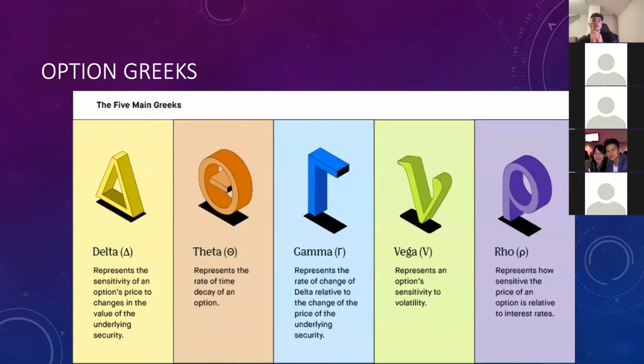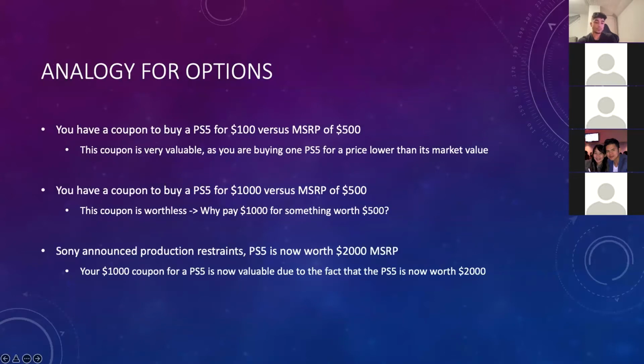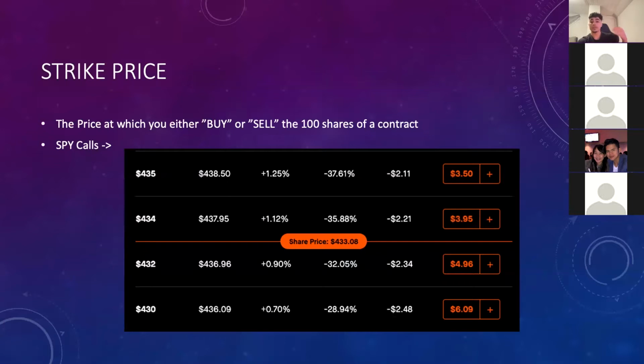Now theta is the time decay. If you guys recall earlier, we said that these options are always tied to a given expiration date, right? So let's say, in our PS5 analogy, you have to buy this PS5 at $1,000 on Friday tomorrow.